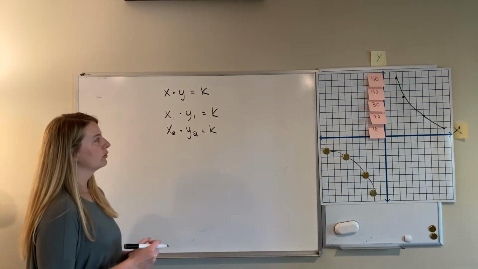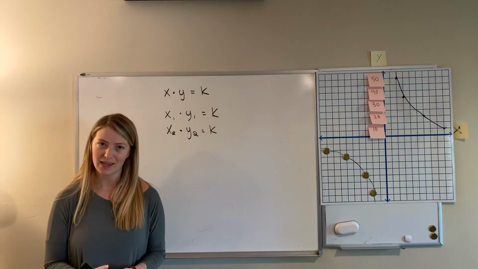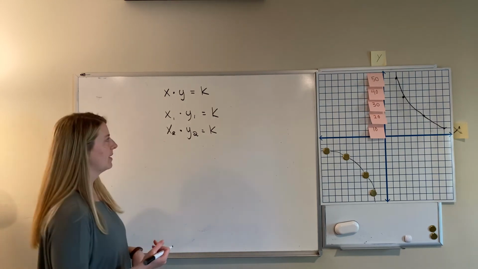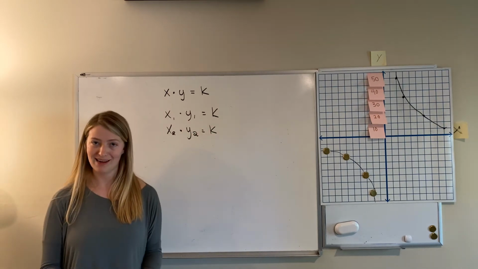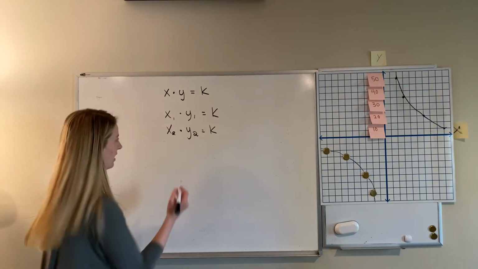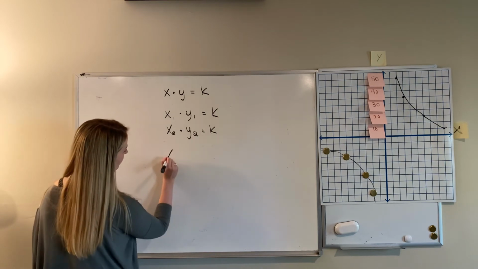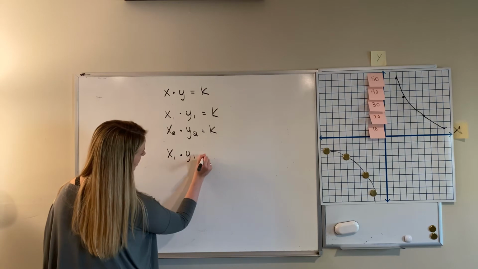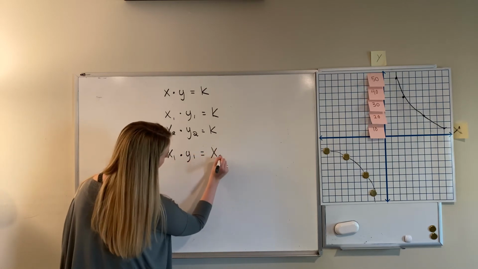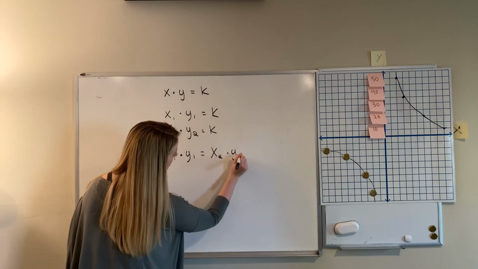But if every ordered pair equals the same thing, then you can almost set your ordered pairs next to each other. So if both of these multiply together to equal 90, then they multiply to be the same thing. So I can just as easily say x1 times y1 is equal to x2 times y2.